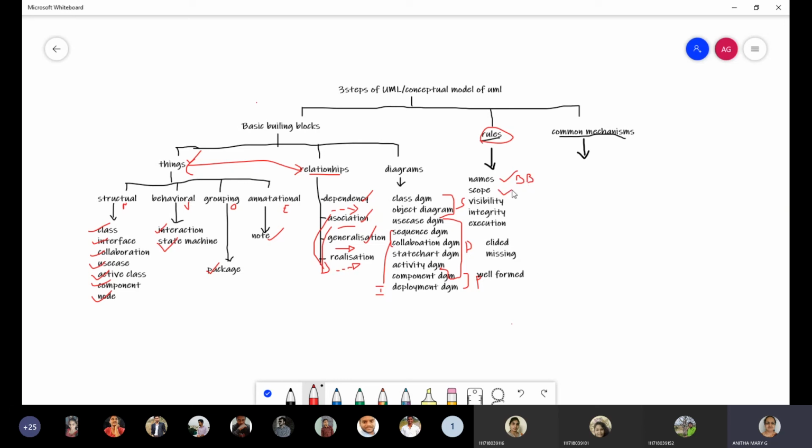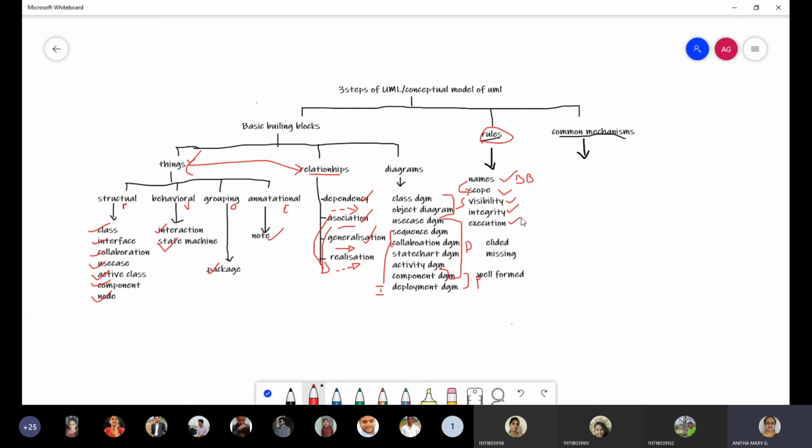Scope is where the name has meaning, where it can exist. Then visibility is how it can be visualized, and then how it can be integrated, and how we get the end models.